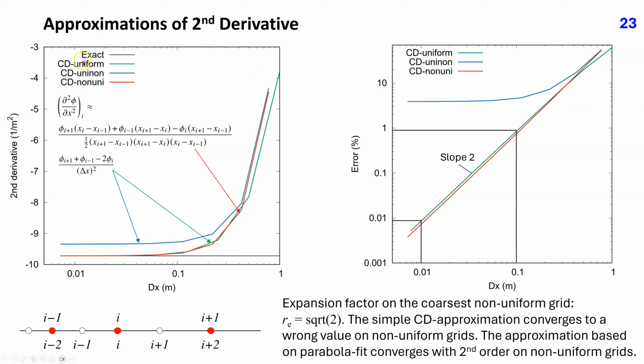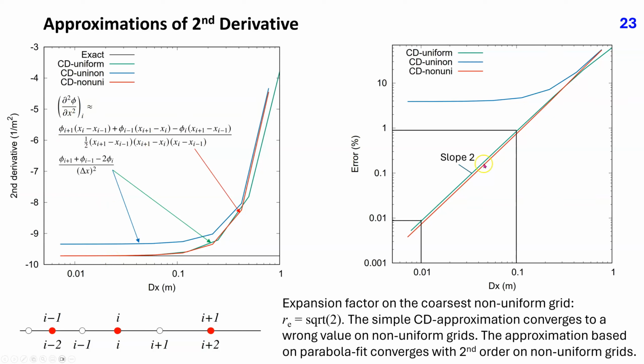The green line, labeled CD uniform, shows the results from the simple expression when the grid is uniform, while the blue line, labeled CD uni non, shows the results from the same expression applied to non-uniform grids, whereby the mean of the grid spacing to the left and to the right of node i was used as delta x in this expression. The red line, labeled CD non-uni, shows the results from this expression applied to non-uniform grids.